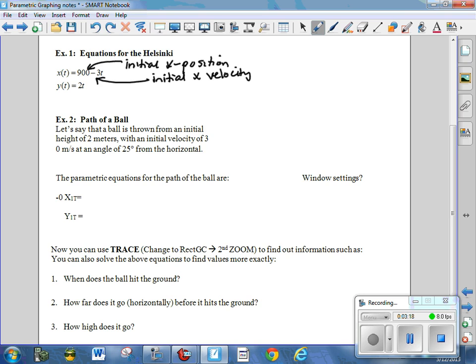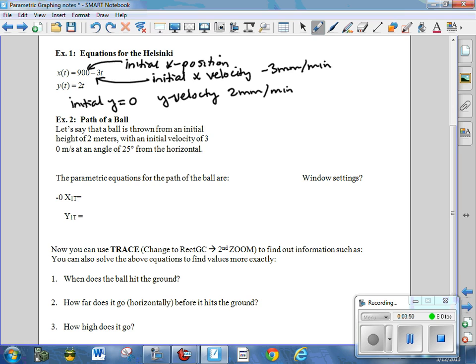The initial y position was 0, and the y velocity is 2. It was 2 millimeters per minute. The x velocity was negative 3 millimeters per minute. So we used these same equations in the previous problem. You just didn't realize that's what you were using.